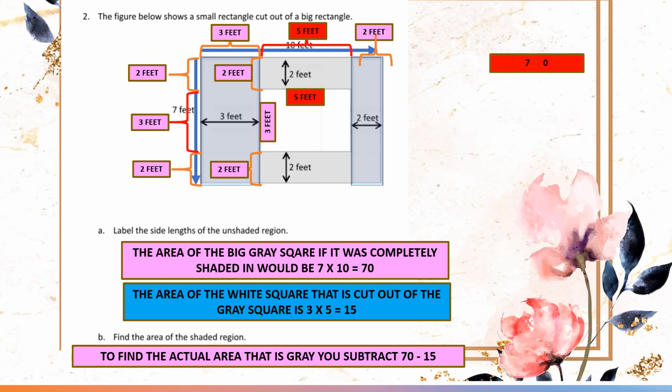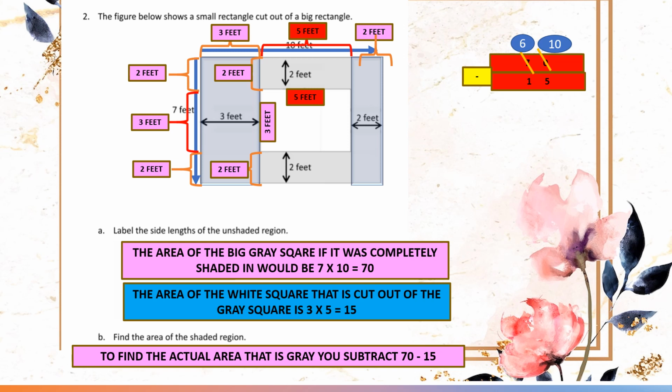So let's go ahead and line our numbers up vertically and subtract. 70 minus 15. All right, so we always start with the ones place. What's 0 minus 5? So I'm going to go next door to my neighbor in the 10th place. And that 7 is going to turn into a 6. And this 0 is going to turn into a 10.